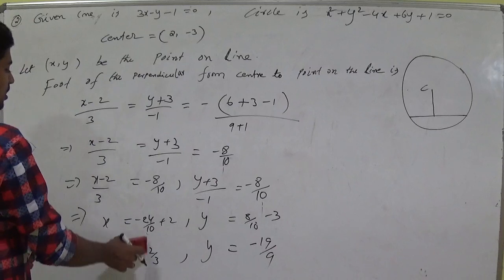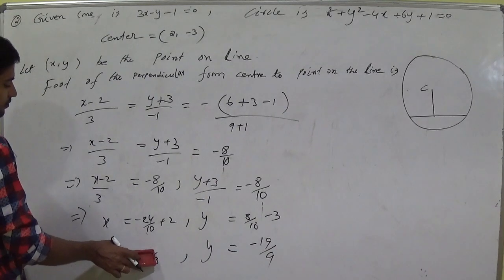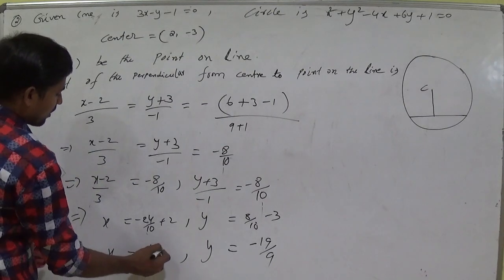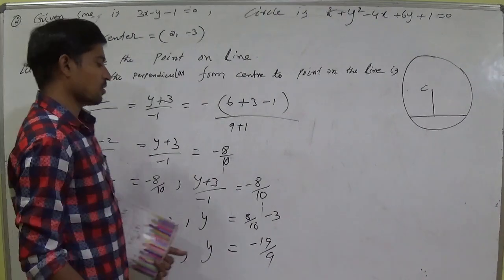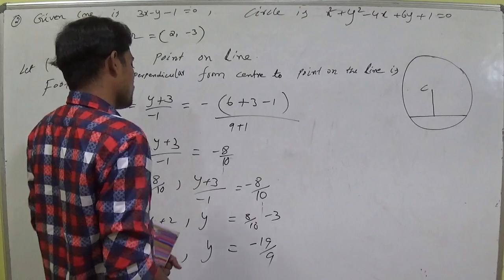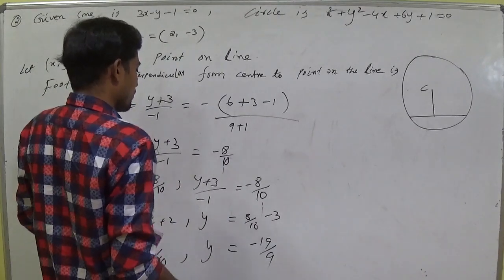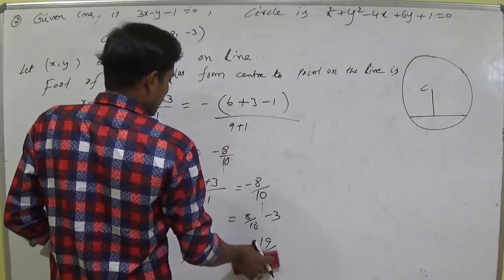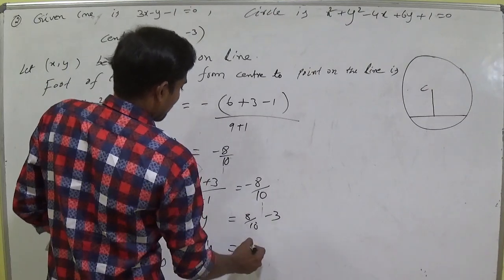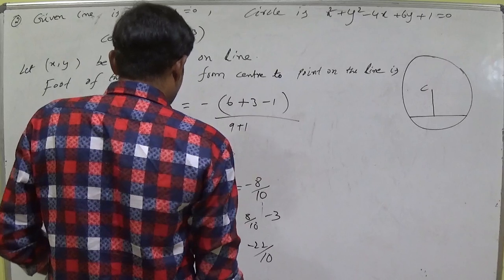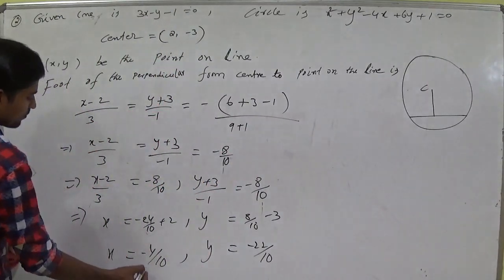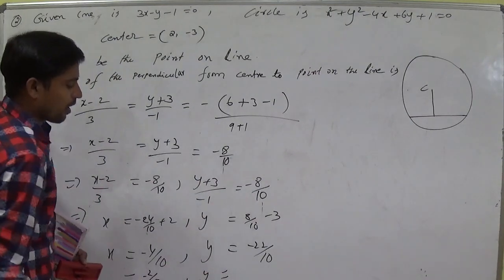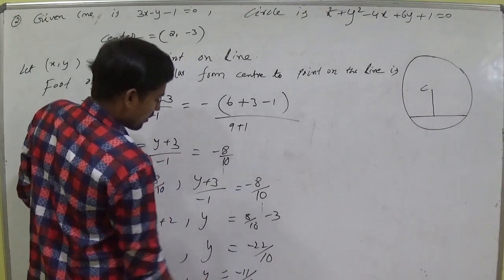Now minus 4 by 10, and this becomes 30 minus 22, minus 22 by 10, which is equal to minus 2 by 5, y equal to minus 11 by 5, right?